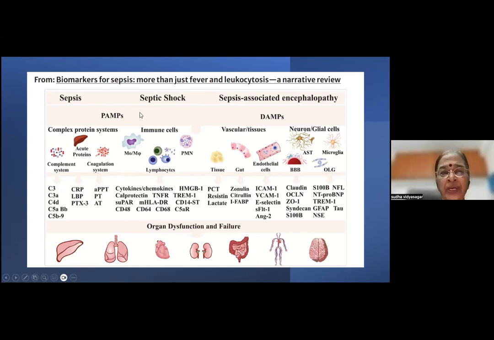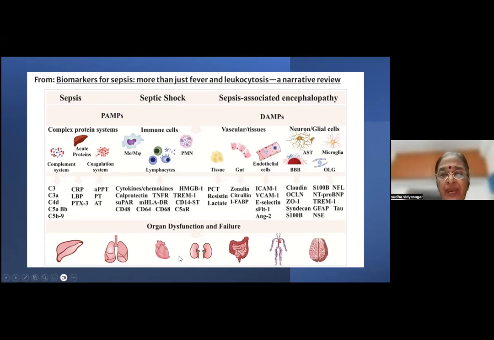So you can get many biomarkers coming out from various parts of the body, and the presence of these biomarkers leads, ultimately, to organ dysfunction in sepsis. Remember, your SOFA score is nothing but the measurement of organ dysfunction. So ultimately, the patient dies not because of the infection alone. It is because the infection is causing a dysregulated immune response, which is causing organ dysfunction.